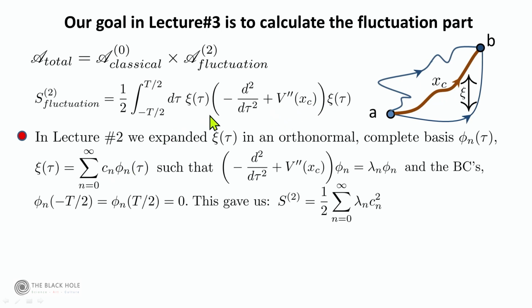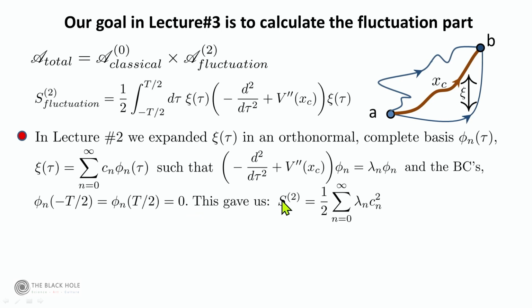And this is the second derivative of that. Now, this is an operator which will have eigenfunctions. We're going to call those eigenfunctions phi n. So that operator acts on phi n, gives us the eigenvalue back, that eigenfunction. And the boundary conditions are just what I told you, that at minus t over 2, and remember that t is going to be a very large number, phi n at minus t over 2 and phi n at plus t over 2 are both 0.